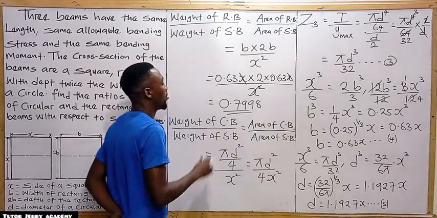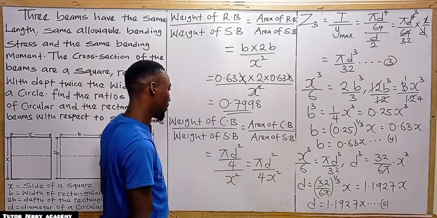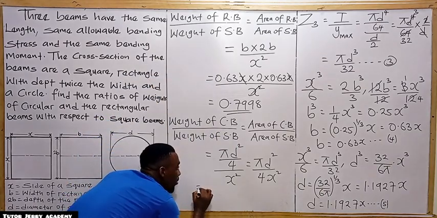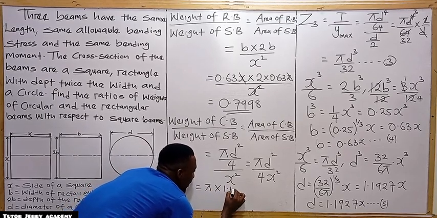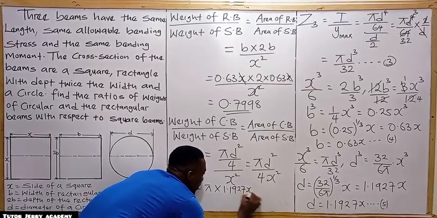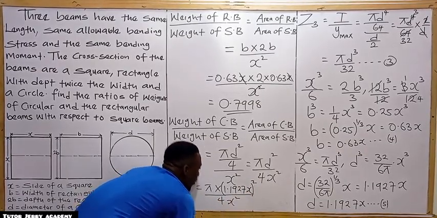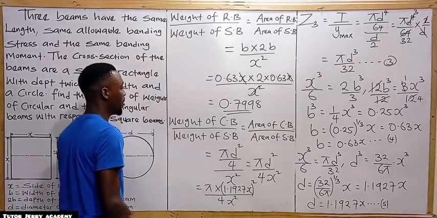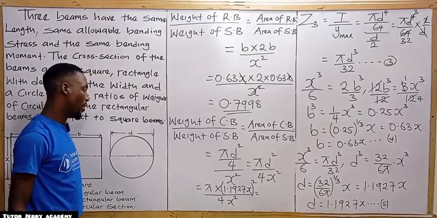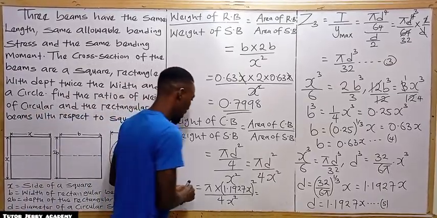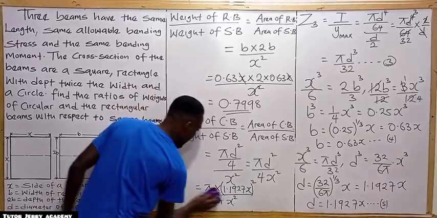So if we substitute for our d here, this will be equal to pi multiplied by 1.1927s all squared all over 4s square. Let me manage the space.